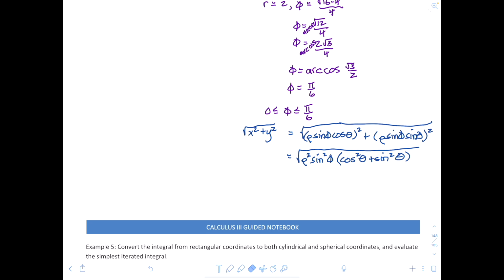And so this is going to end up being equal to rho sine phi.